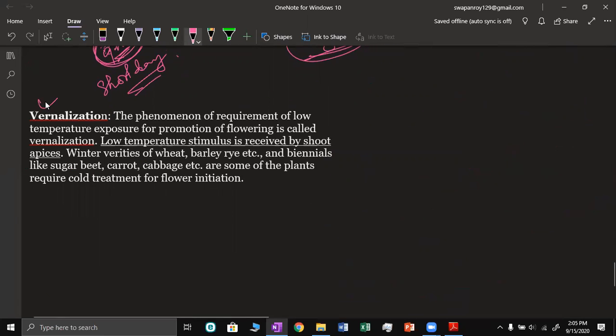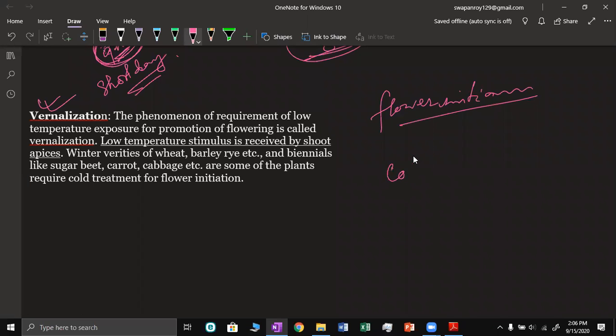Then another thing is that for flower initiation some plants require cold temperature treatment. This phenomenon, the requirement of cold temperature treatment for initiation of flowering, is called vernalization.